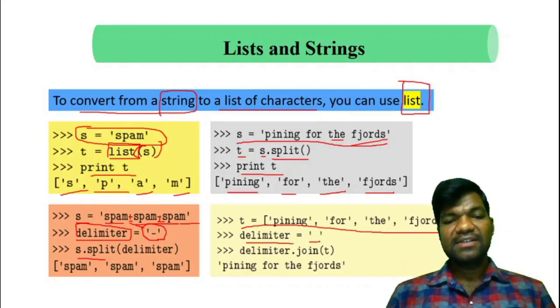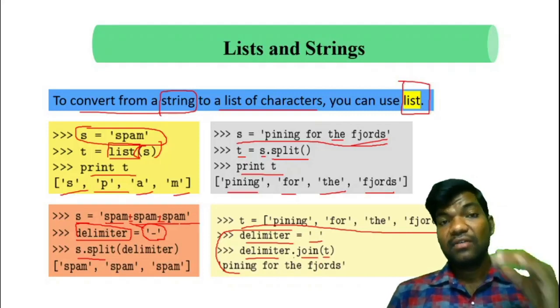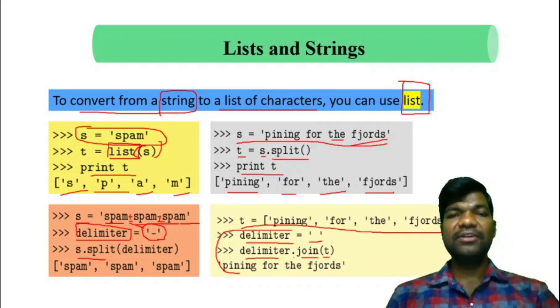The delimiter is a space, so delimiter dot join of t. Pining, then the delimiter, a space, for, space, the, space, fjords. Like that you join the list and convert it into a string.